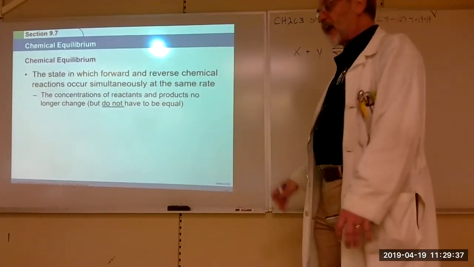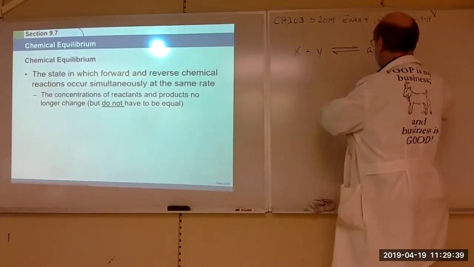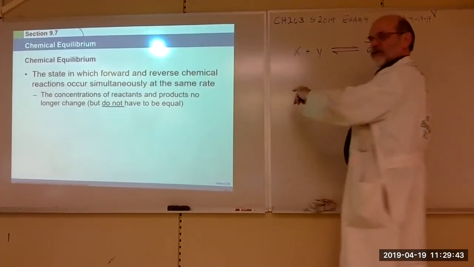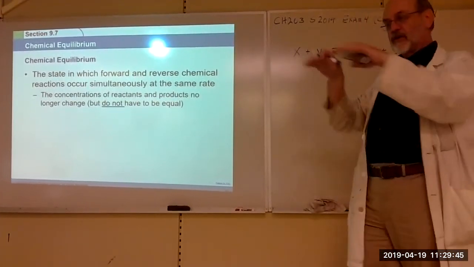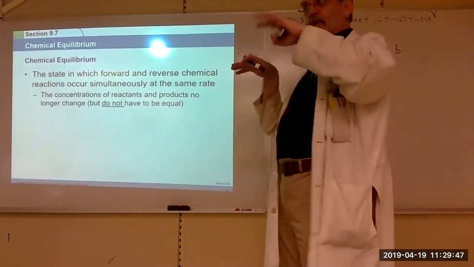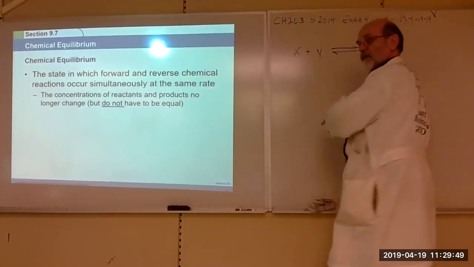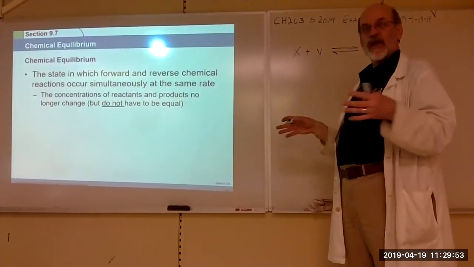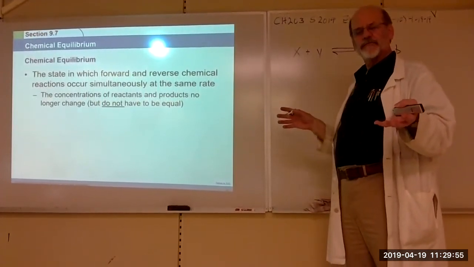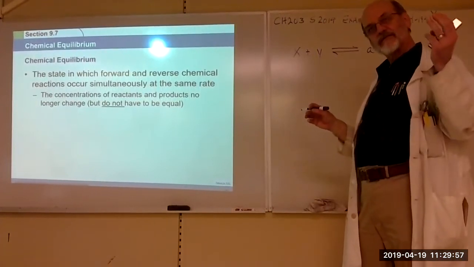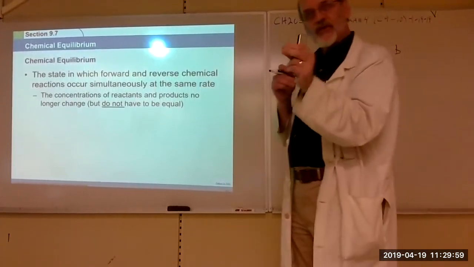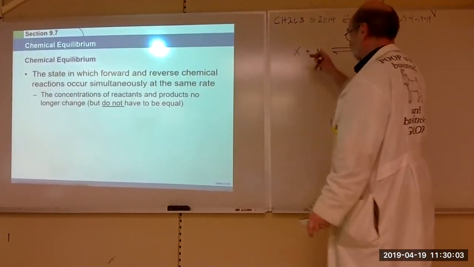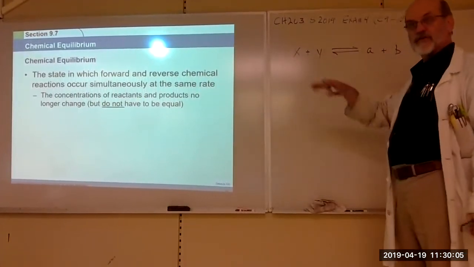And once your reaction reaches equilibrium, you have a certain amount of product and a certain amount of reactant, and they're going backwards and forwards. But looking from the outside, the amount of each one appears to not change at all. That's the macroscopic view. But if you get really tiny and look at the reactions that are occurring, this one and that one are occurring at furious rates.